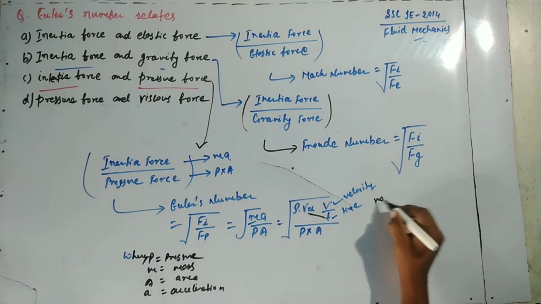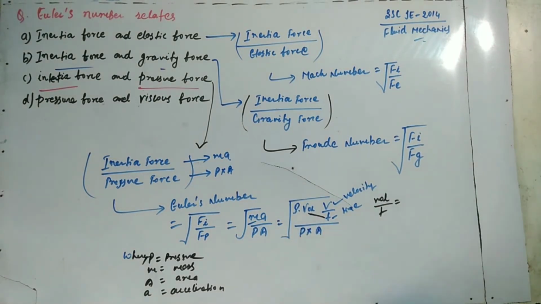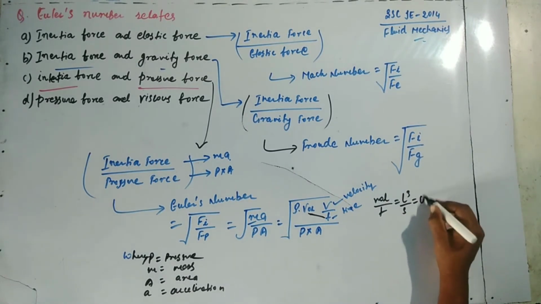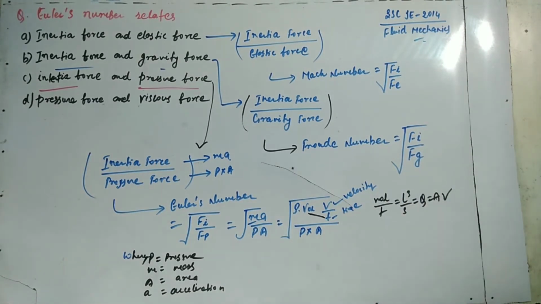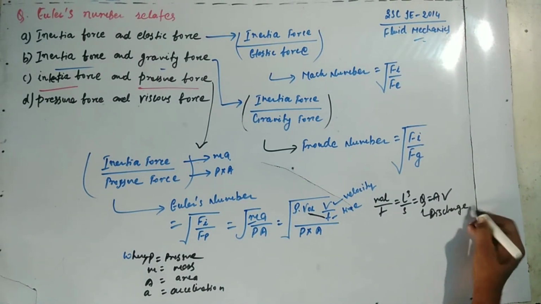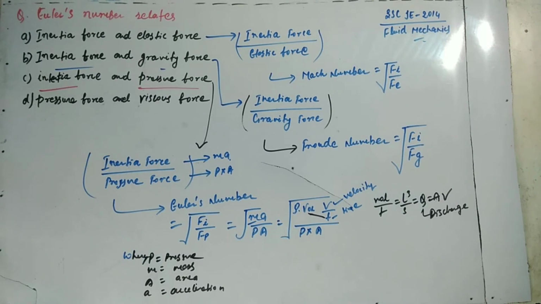Now when we relate volume to time, it is discharge. Volume by time is equal to discharge, that is a into v, and its unit is meter cube per second.